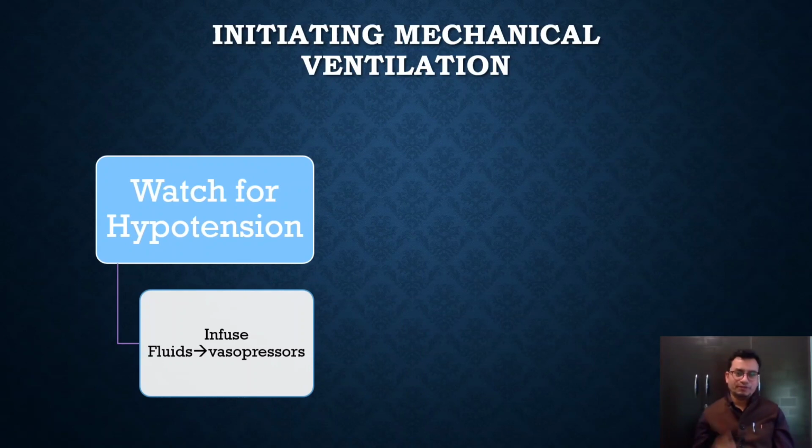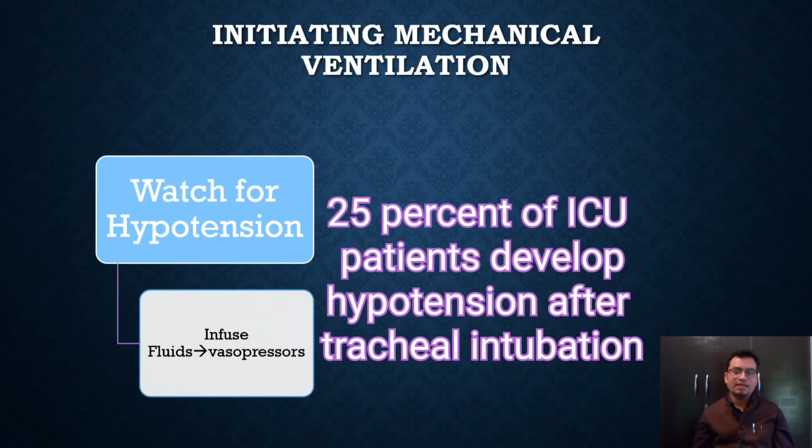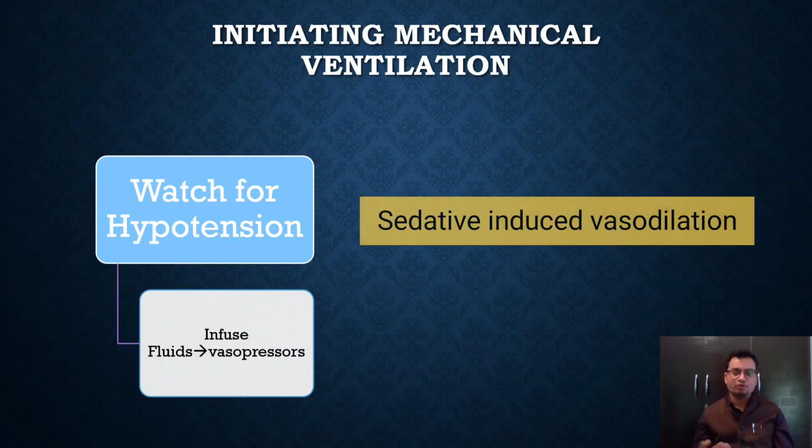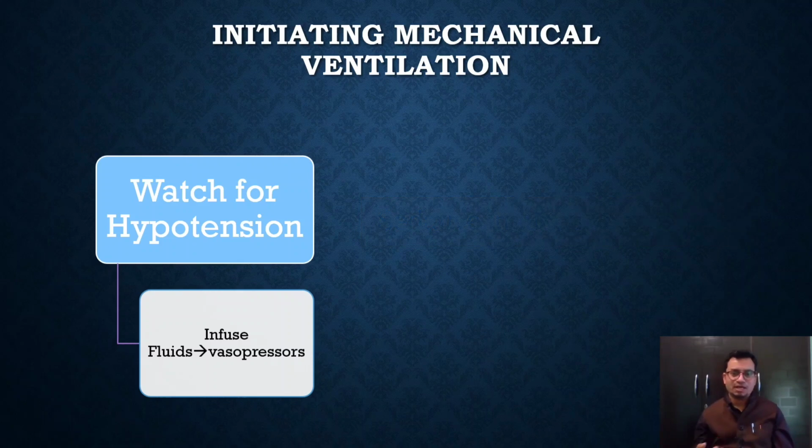About 25% of ICU patients may develop hypotension after tracheal intubation due to a variety of reasons, most common of which are vasodilation due to use of sedatives, which will respond to fluid administration. However, a vasopressor must be started along with fluid administration, as fluid bolus may take some time to achieve its effect on hemodynamics. So vasopressor should also be started early.